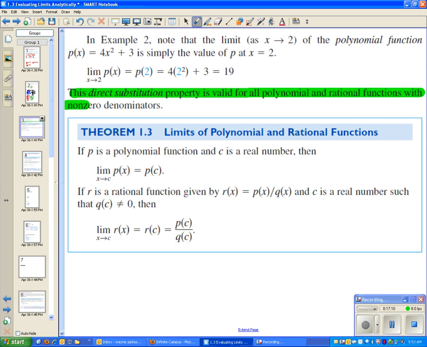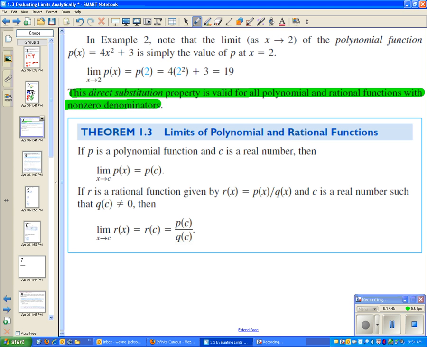Direct substitution is a valid method of finding the limit of any polynomial function. Every polynomial function in the world, you can find its limit as x approaches anything you want just by using substitution. Because polynomial functions are always continuous. They don't have holes, they don't have asymptotes, they don't have breaks, they don't have any of those things. Hang on. Rational functions don't either, as long as the denominator doesn't ever equal 0.